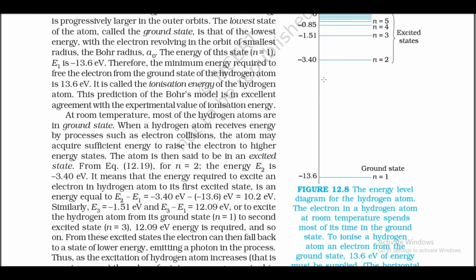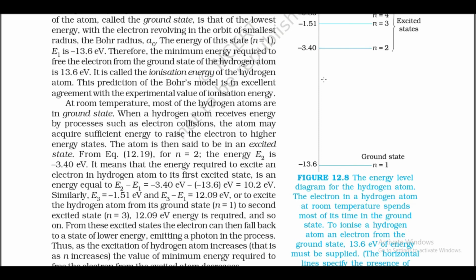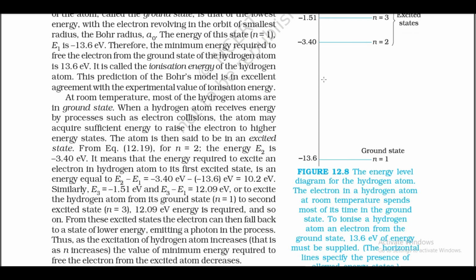It means that the energy required to excite an electron in a hydrogen atom to its first excited state is E2 minus E1, which is minus 3.40 eV minus (minus 13.6 eV), equal to 10.2 eV.